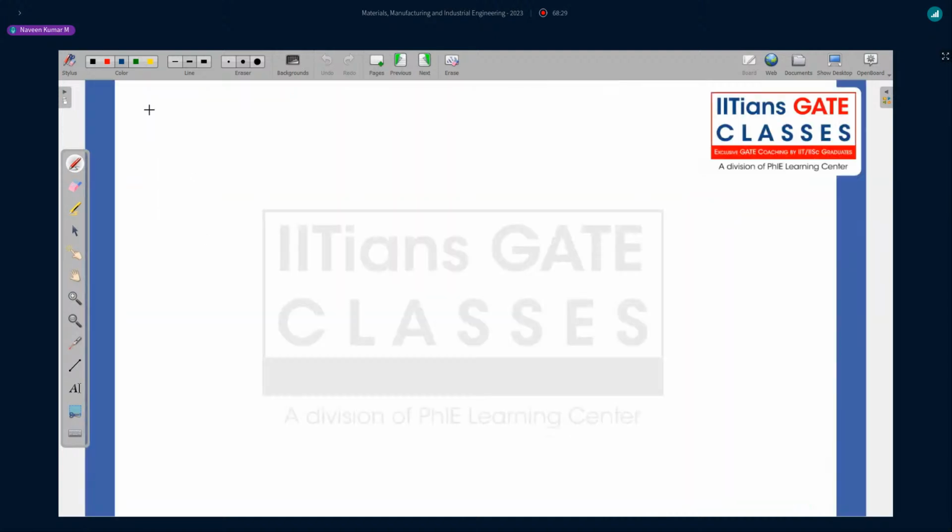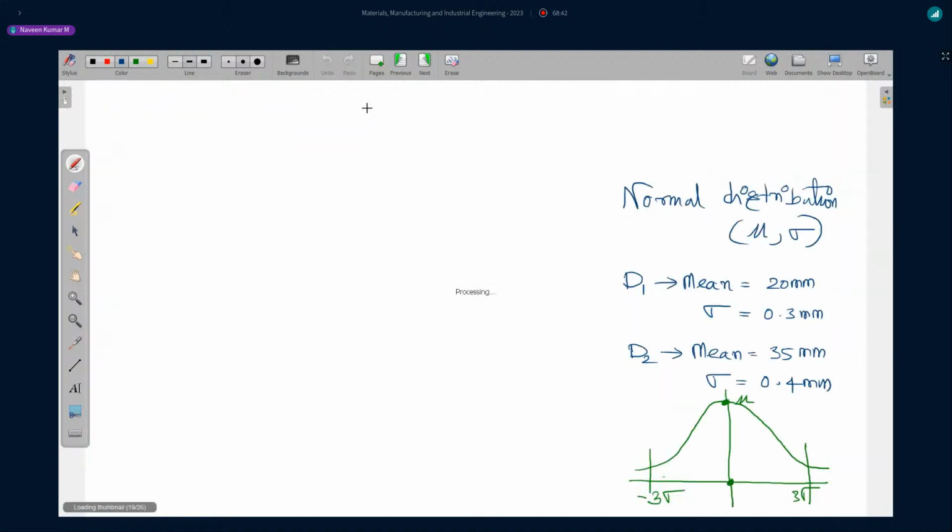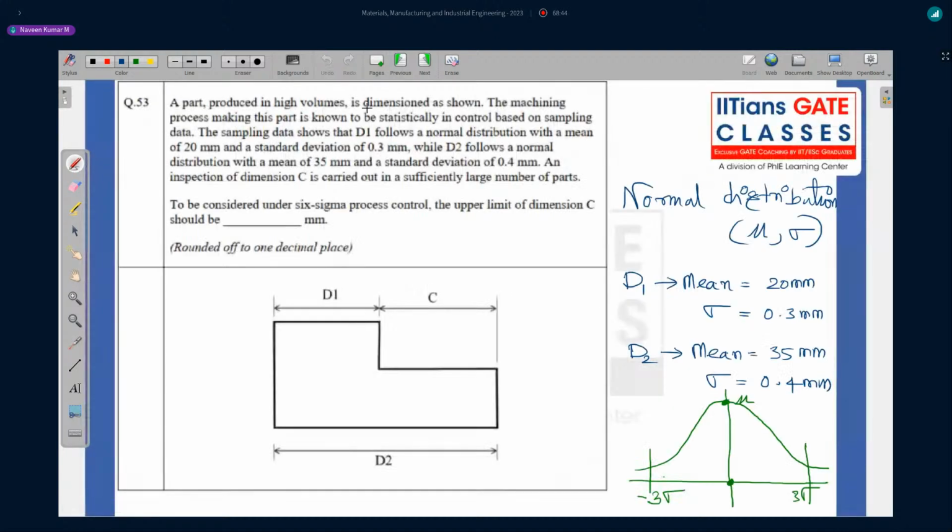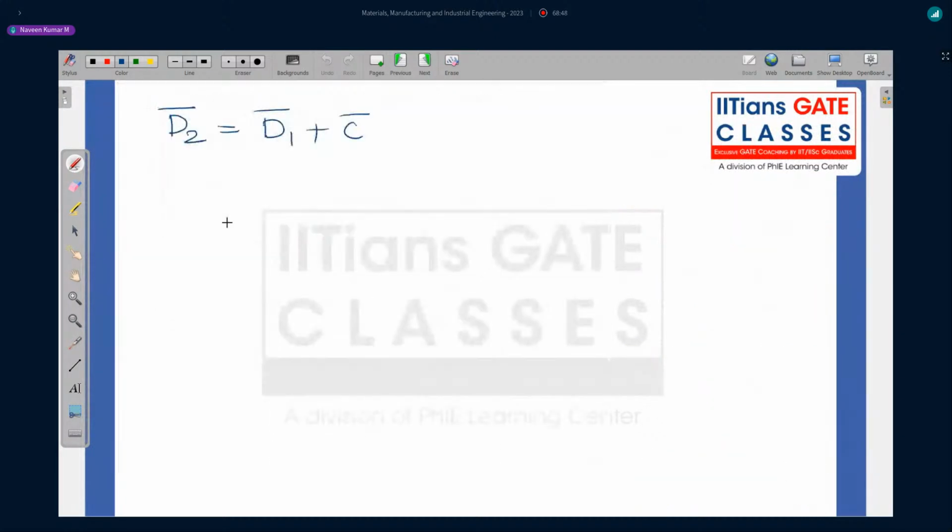So I'll write D2 bar, which means mean diameter, is equal to D1 bar plus C bar. The mean diameter of D2 is equal to the mean diameter of D1 plus the mean diameter of C. From here I can say C bar is equal to D2 bar minus D1 bar.